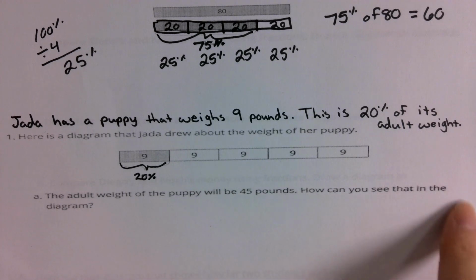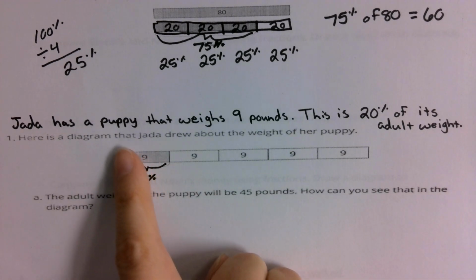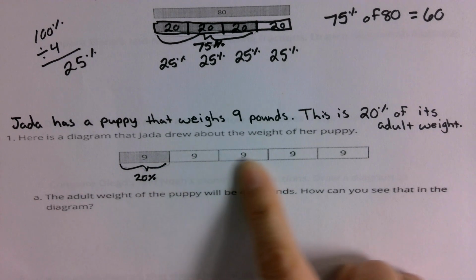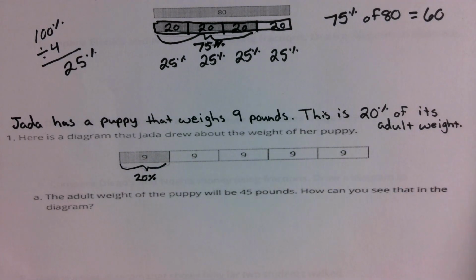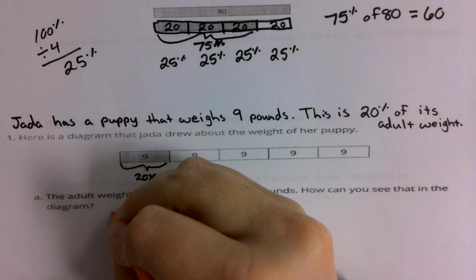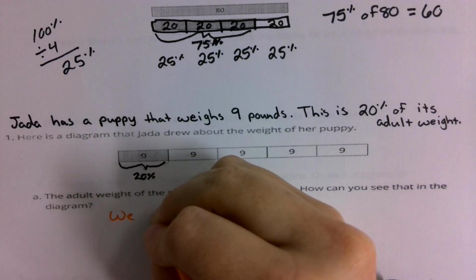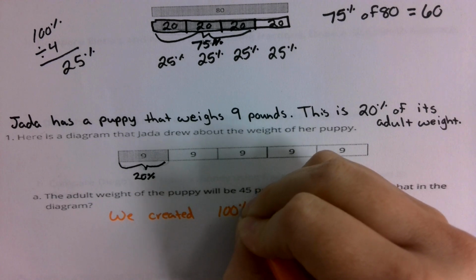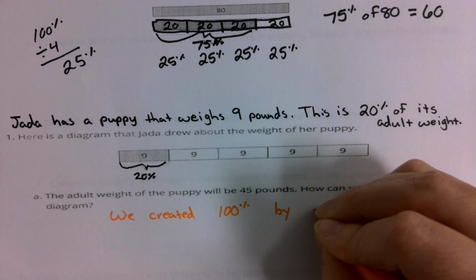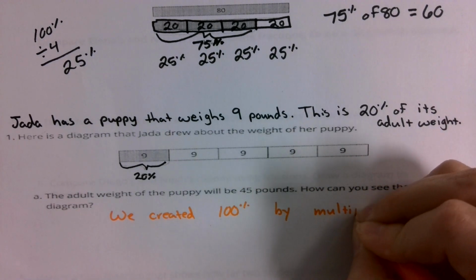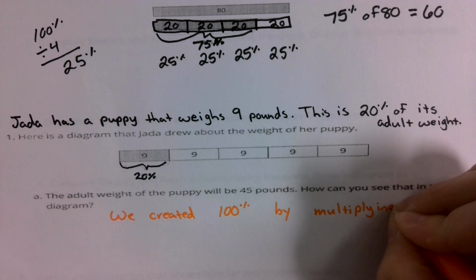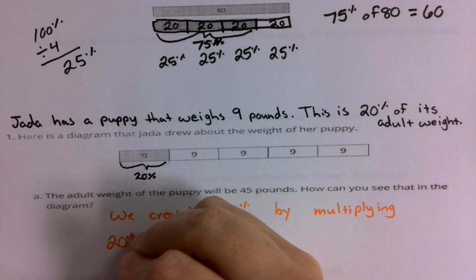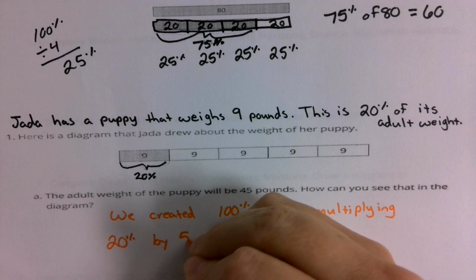How can you see that in the diagram? We can see it because we created 100%. Okay, so let's write that down. We created 100% by multiplying 20% by 5.